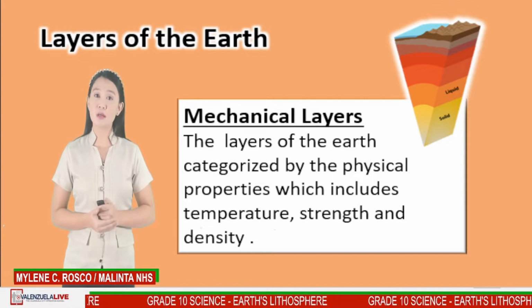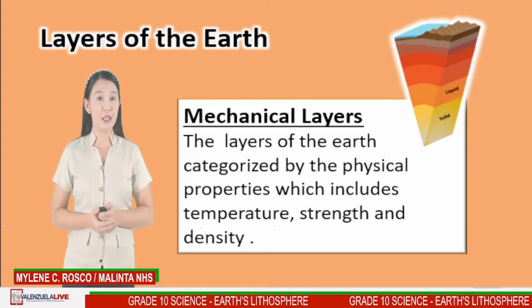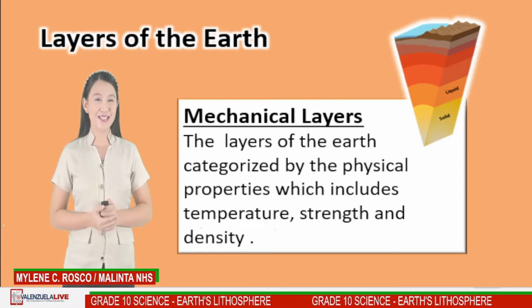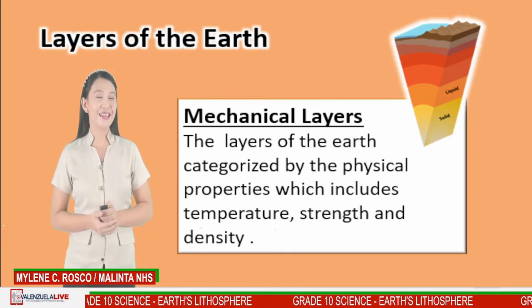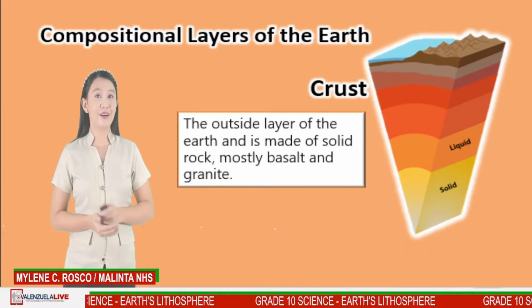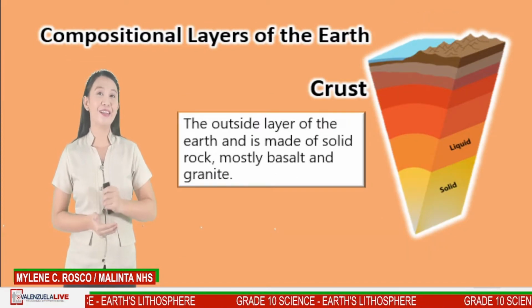Perhaps the most commonly cited layers are the compositional layers. Can you name the compositional layers of the Earth? You are correct. The compositional layers of the Earth are crust, mantle, and core.